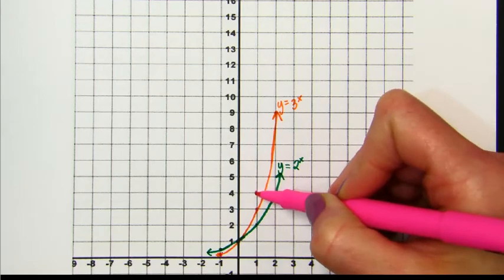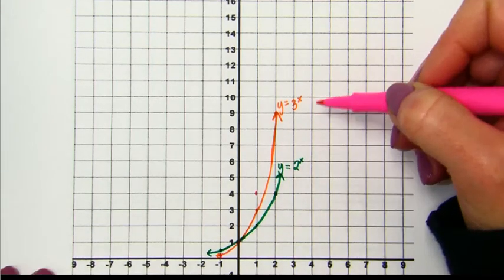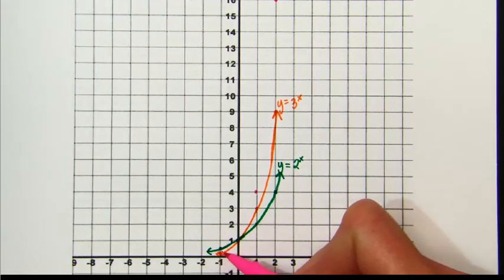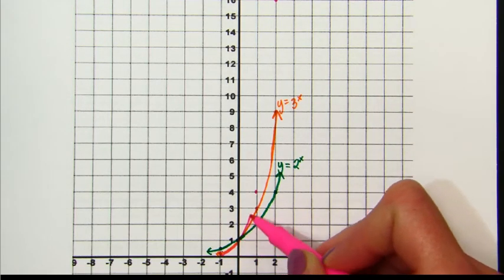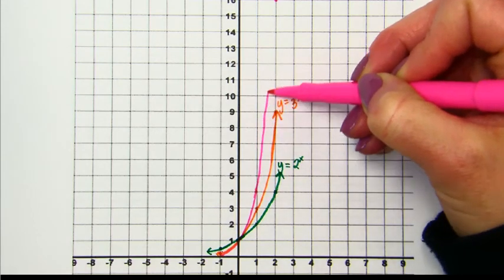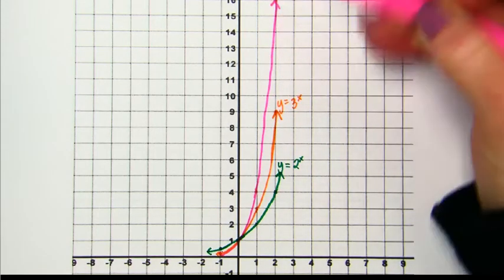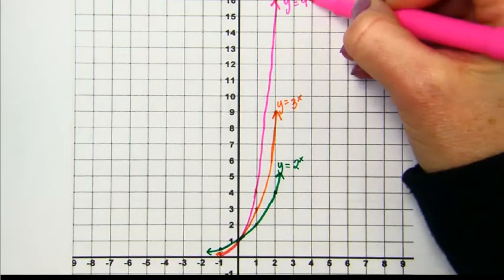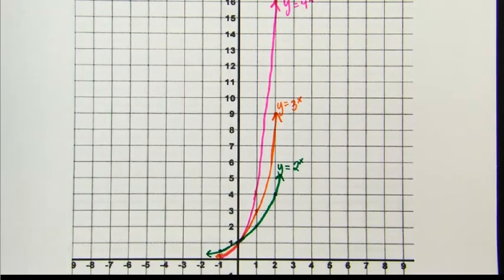Then we have 1, 4, and 2, 16. And again, not going to look great, but you get the point.